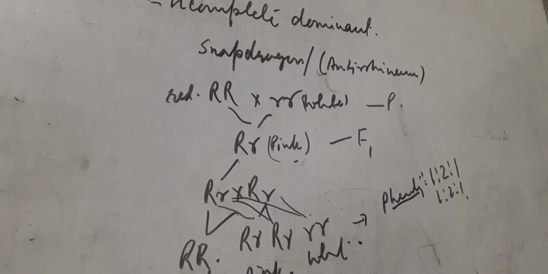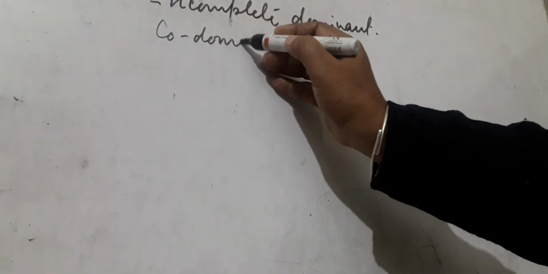Next is codominance. Codominance means when both the characters show in the offspring. These are exceptions to the law of dominance. Codominance, for example, ABO blood types in human beings, also known as autosomal dominance.